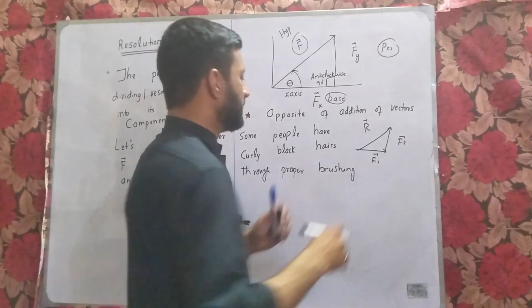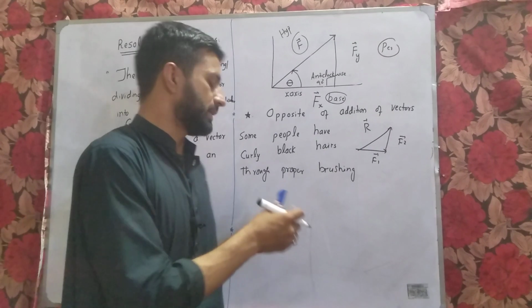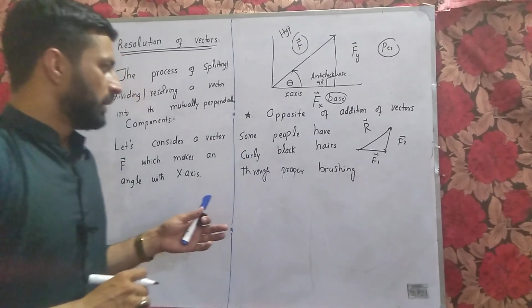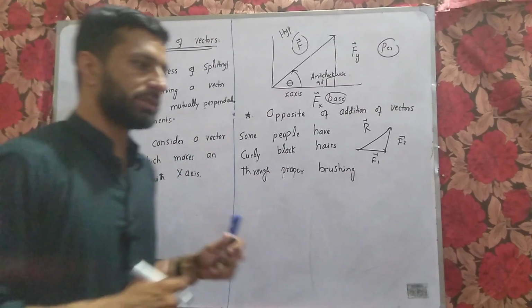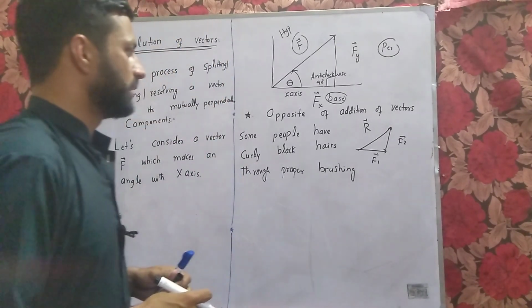It's a mnemonic that there are certain people in this universe who have curly black hair and they comb their hair with proper brushing. This sentence gives us the ratios for sine theta, cos theta, and tangent theta.